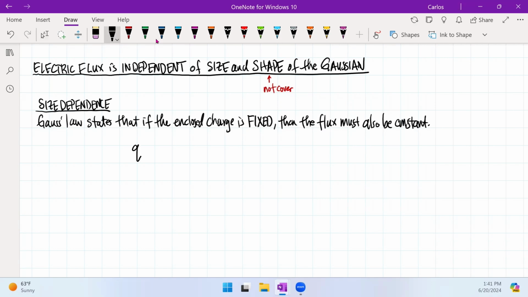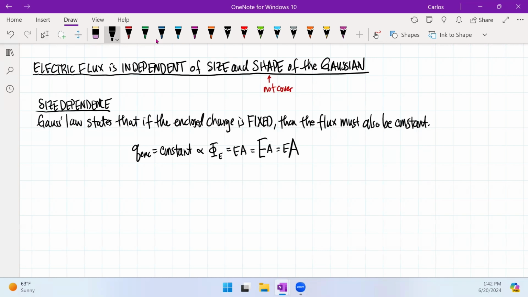So Gauss's law says that if I have Q enclosed and this quantity is a constant, well, we know that this has to be proportional to the electric flux. So that has to be the electric field times A, the area. But as long as I keep that constant, I can manipulate E and A to keep that.